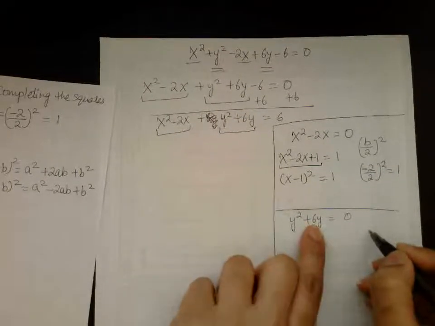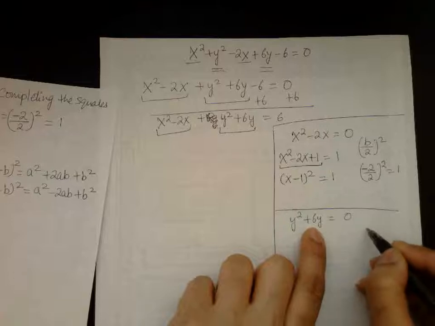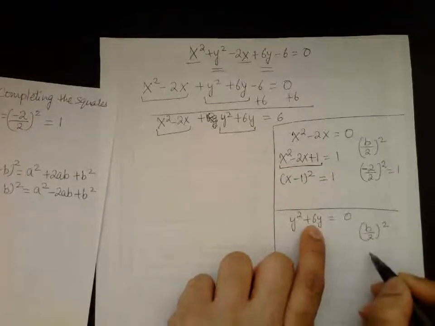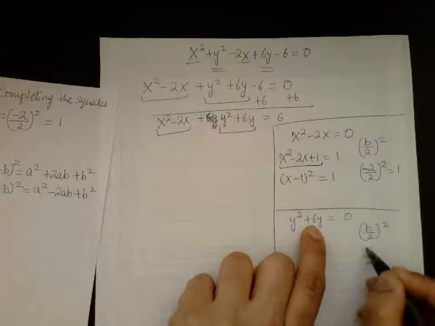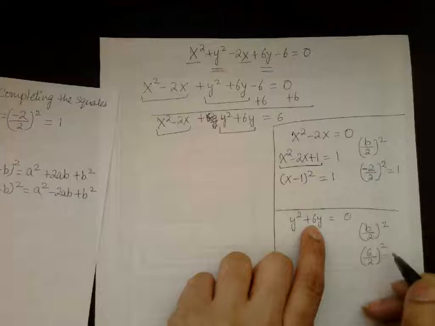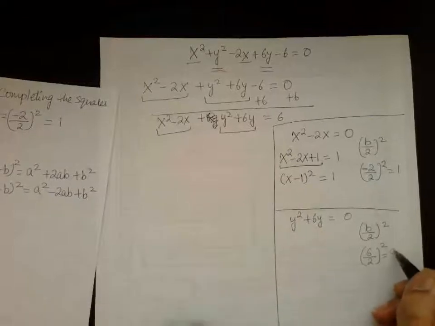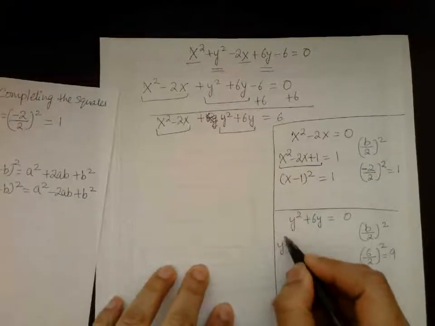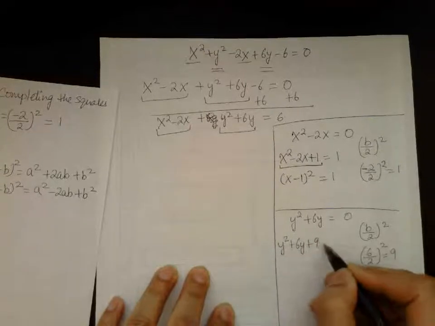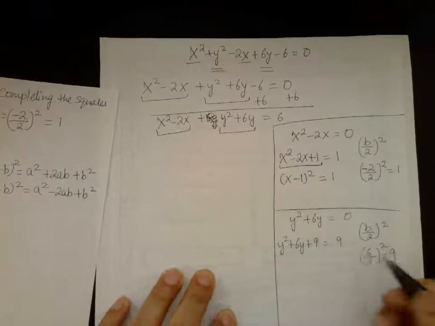Same drill. Half of b, squared. b is 6. 6 over 2 is nothing but 3. 3 squared is 9. Okay, y squared plus 6y, and add 9 to both sides.